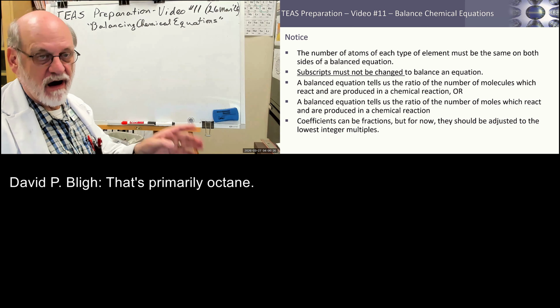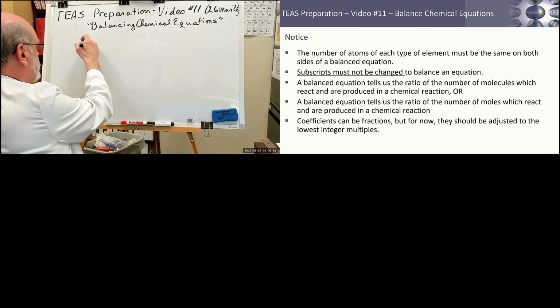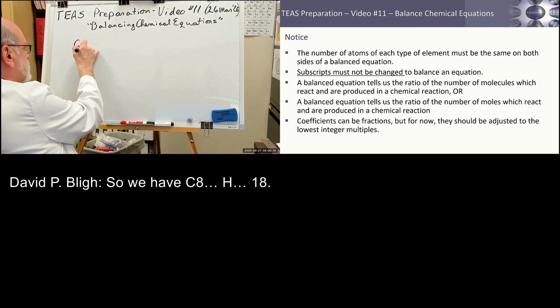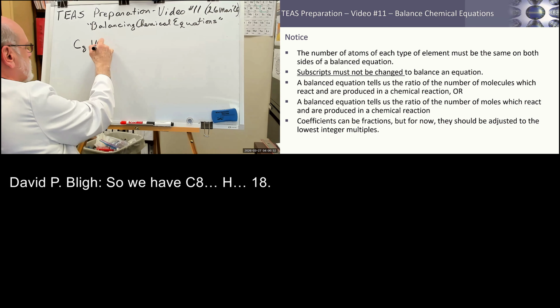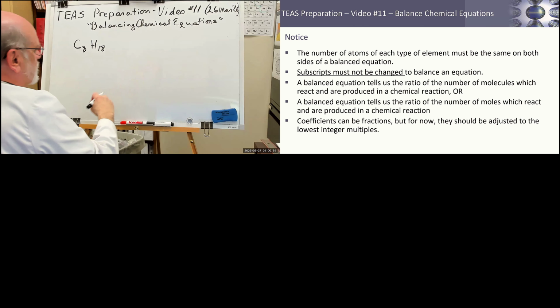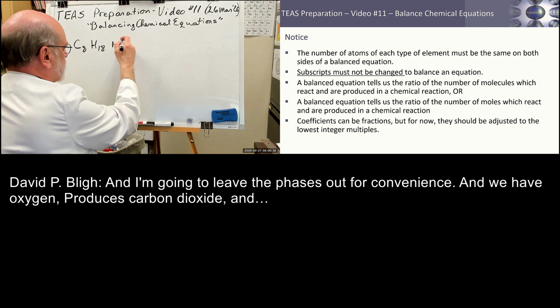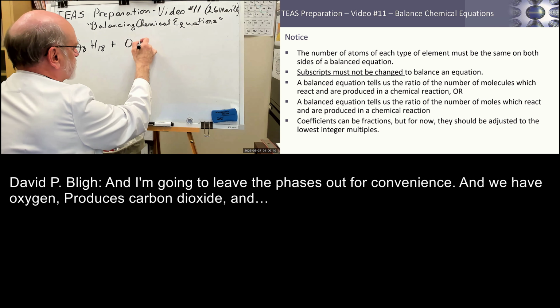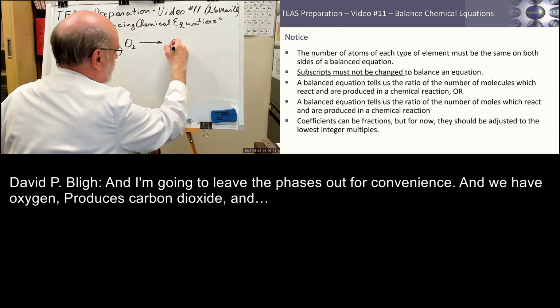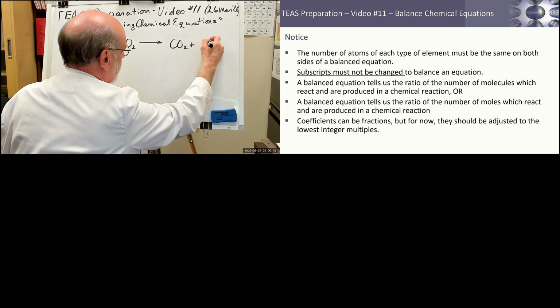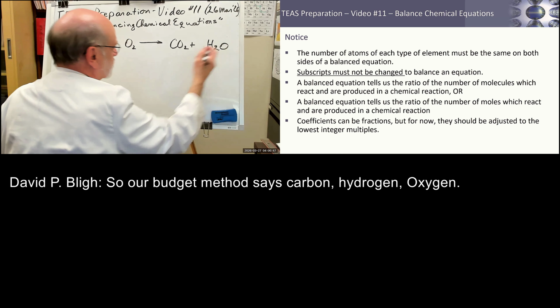That's primarily octane. So we have C8H18. And I'm going to leave the phases out for convenience. Then we have oxygen produces carbon dioxide and water.